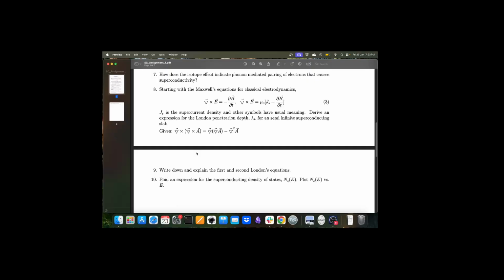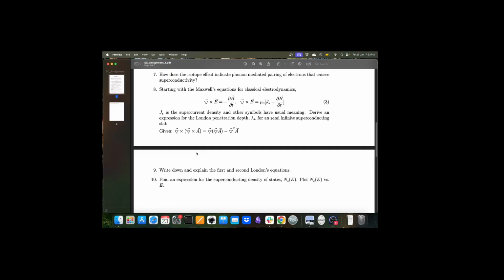So we have been given this basic electrodynamic equation, and Js is the supercurrent density. So what we need to find is the London penetration depth.